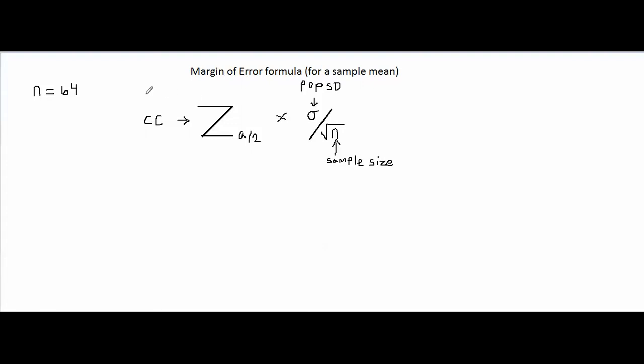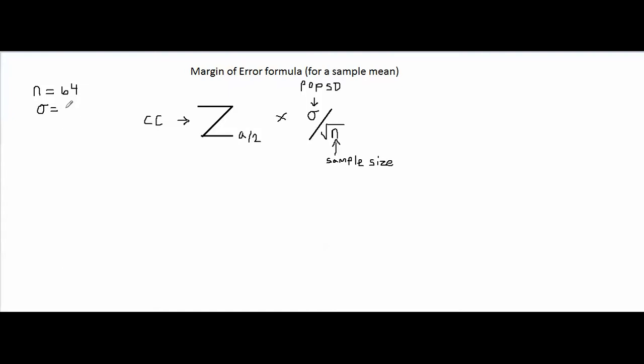So in order for us to calculate the 95% margin of error, we have to know what my sample size is. And I just said that I'm using a sample of 64 people. So I already know what sample size I'm planning to use. That's going to go right here in the formula. I also have to know what the population standard deviation is. I have to know what the standard deviation of the JFK population equals.